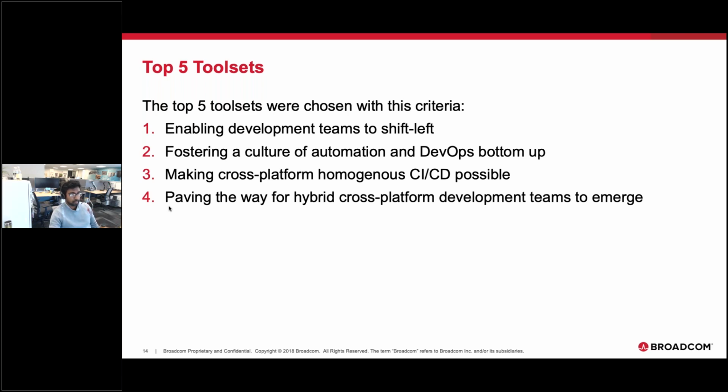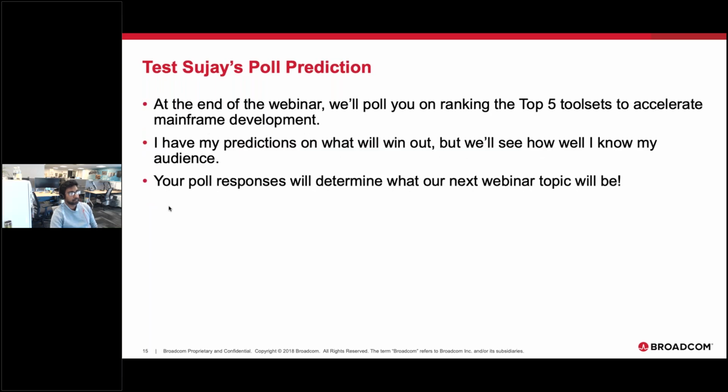They got used to working on different platforms, and then eventually they merged those teams and they started working on full stack applications, all the way from cloud down to mainframe together, and they just saw that these teams' productivity completely skyrocketed. So hopefully that's something that we can all work towards, where we're not bound by what platform we work on. Those are the criteria that we chose to pinpoint which tool sets come into play here.